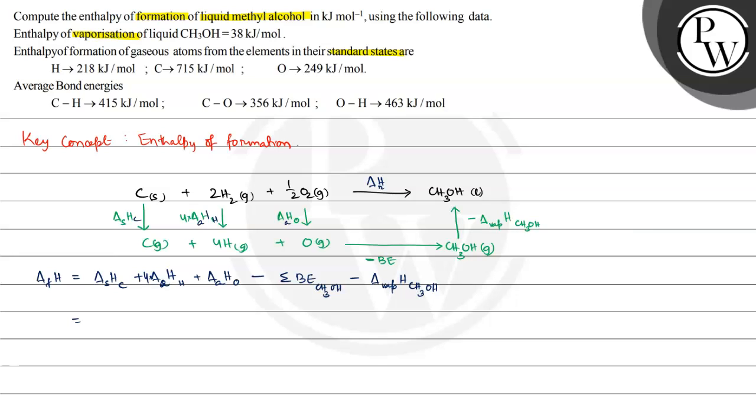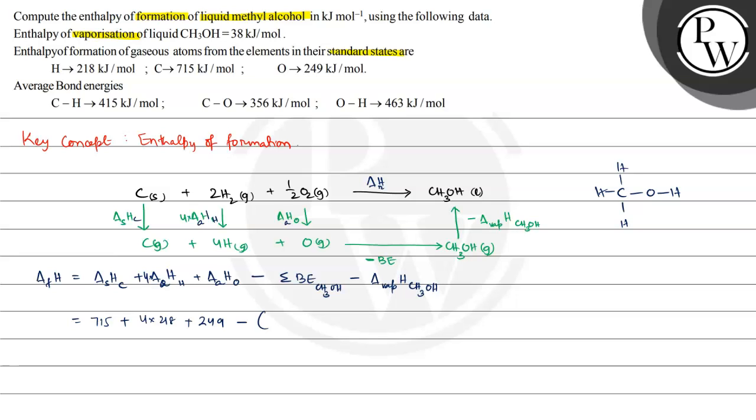कार्बन की सब्लिमेशन एंथैल्पी है 715, plus 4 multiplied by atomization of hydrogen, that is 218, plus atomization of oxygen, that is 249, minus summation of all bond enthalpies. So CH3OH की structure ऐसा है, hydrogen, hydrogen, hydrogen, and here oxygen and then hydrogen.